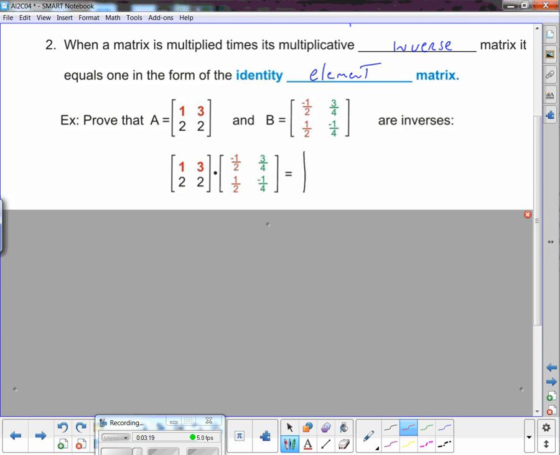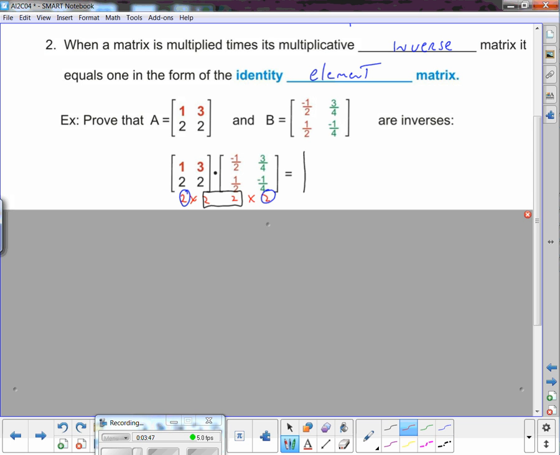Stay with me. By the way, we have a 2 by 2 times a 2 by 2, which is great. The columns of the first match the rows of the second, right? And let me just take a minute and write it. Remember, to be able to multiply matrices, those have to match, and they do. And our resulting matrix will be a 2 by 2, right? So we are able to multiply them.